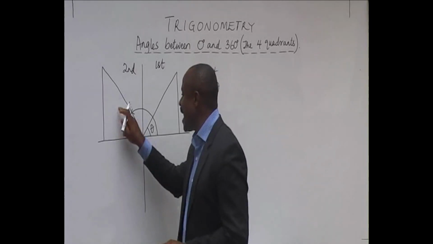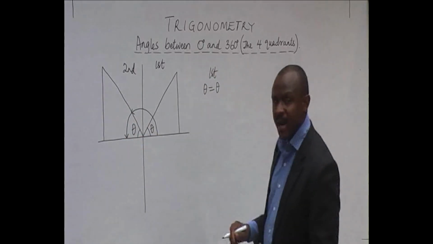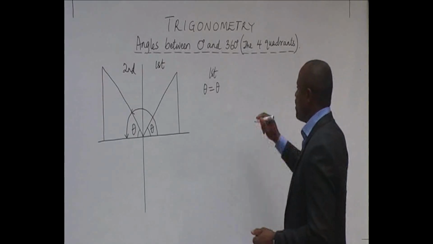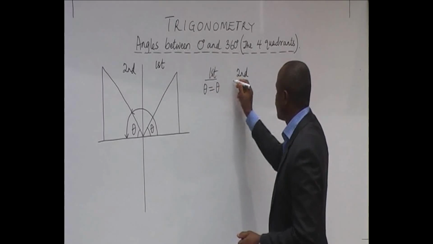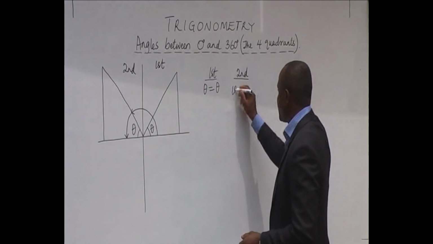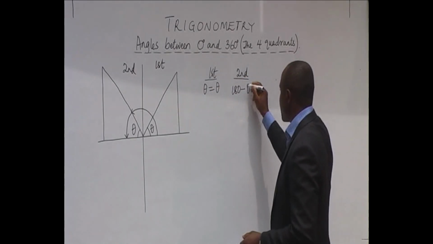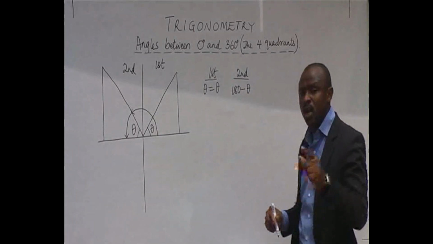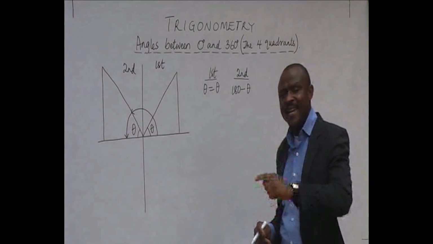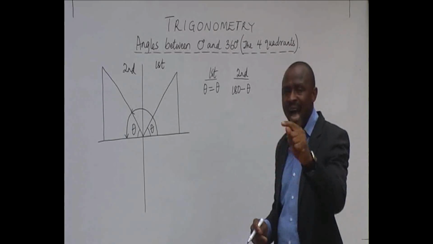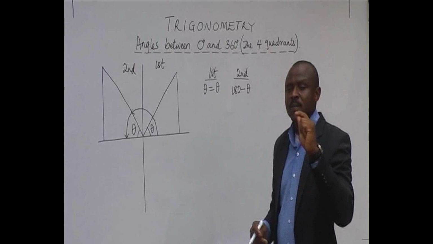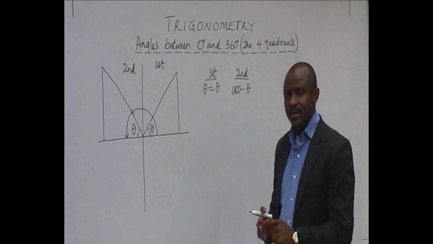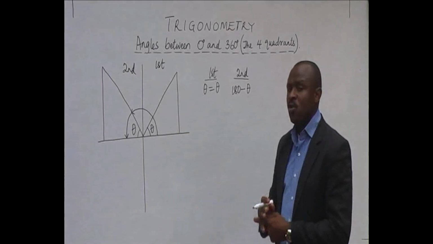That gives us that the formula or the law applicable in the second quadrant is 180 minus theta. This is always the law you use in finding the equivalent acute angle of the angle that is above 90 but within the range of 180. That is the angle you find in the second quadrant.